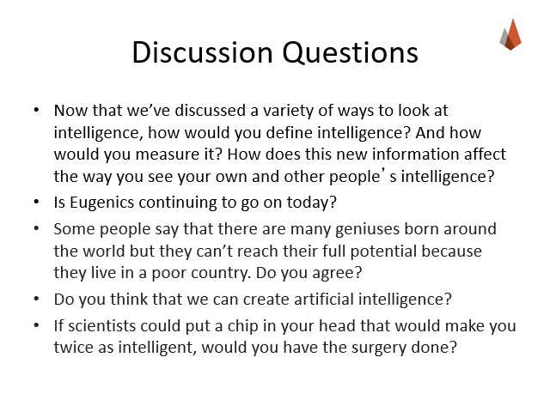Some people say there are many geniuses born around the world, but they can't reach their full potential because they live in a poor country. Do you agree? Do you think we can create artificial intelligence? And if scientists could put a chip in your head that would make you twice as intelligent, would you have the surgery done? Those are some questions to think about and to ask.